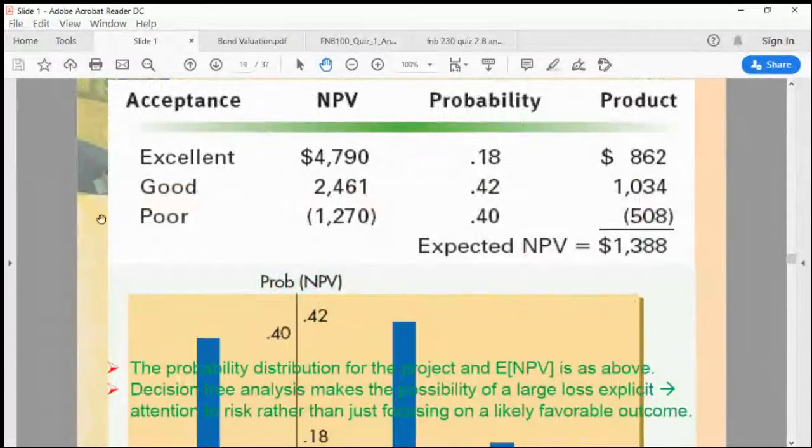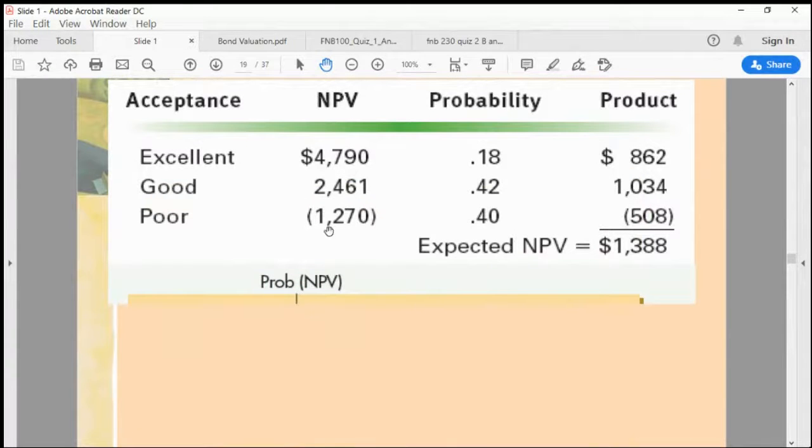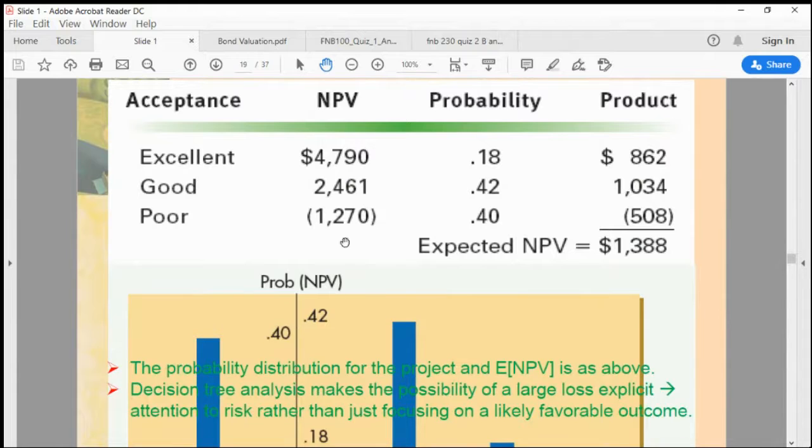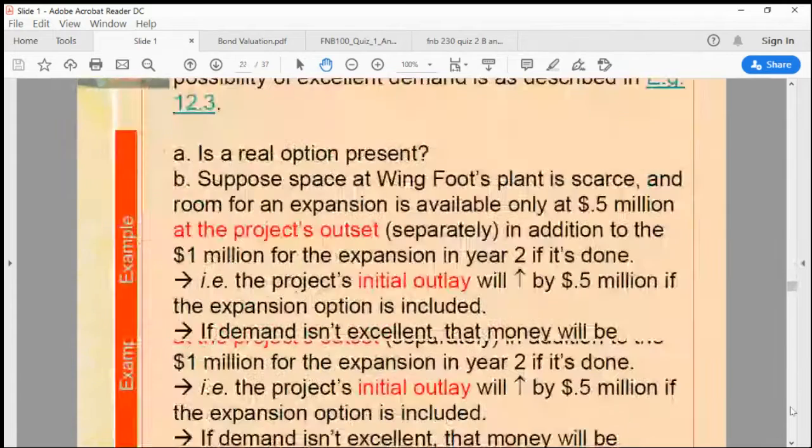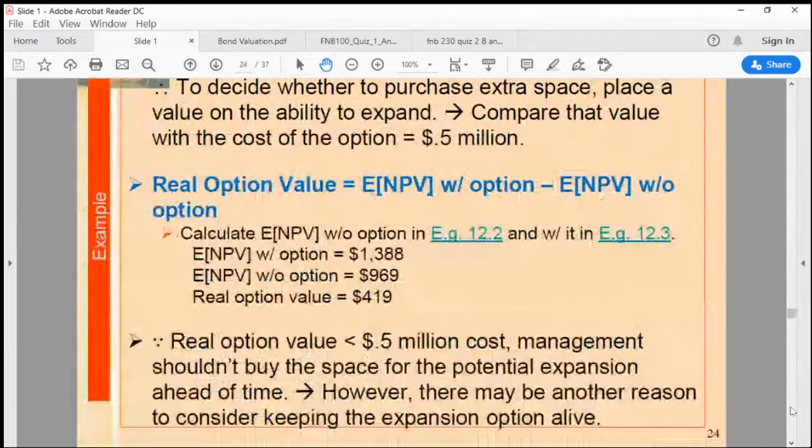If it was poor, the net present value on the poor scenario would be this, but that will be replaced by 455, a positive number.